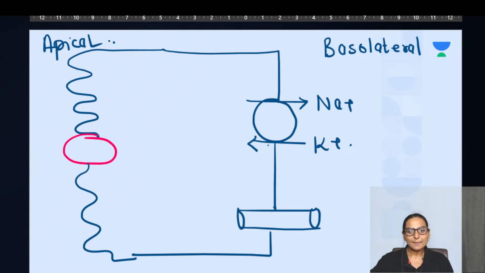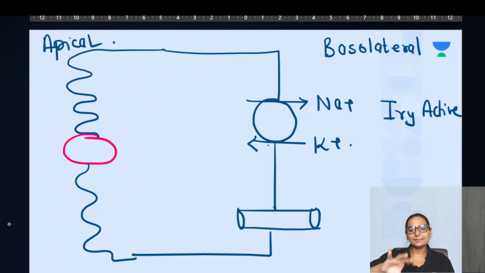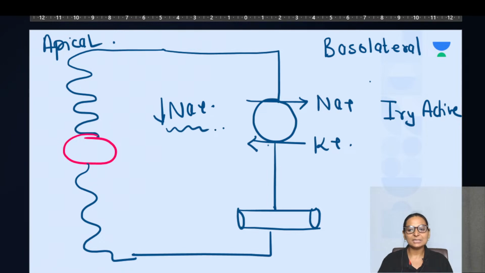Now the sodium potassium pump is an example of primary active transport. It causes a direct breakdown of energy, hydrolysis of ATP, and with the 3:2 coupling ratio, sodium will be pumped out. This decreases the sodium concentration in the ICF.